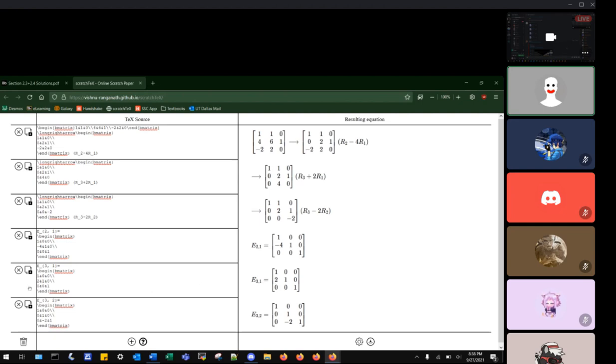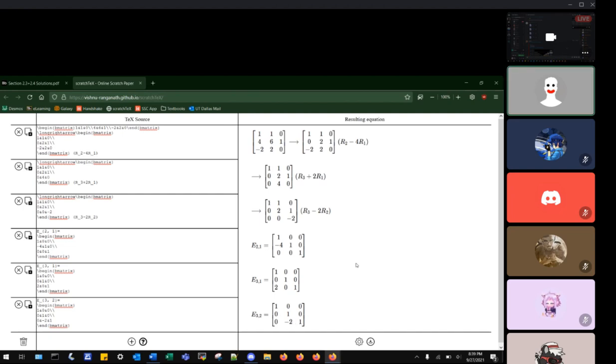Let me change this. So this is better. Should it be negative? No, that's right. And then E32, which is associated with R3 minus 2R2, right here.